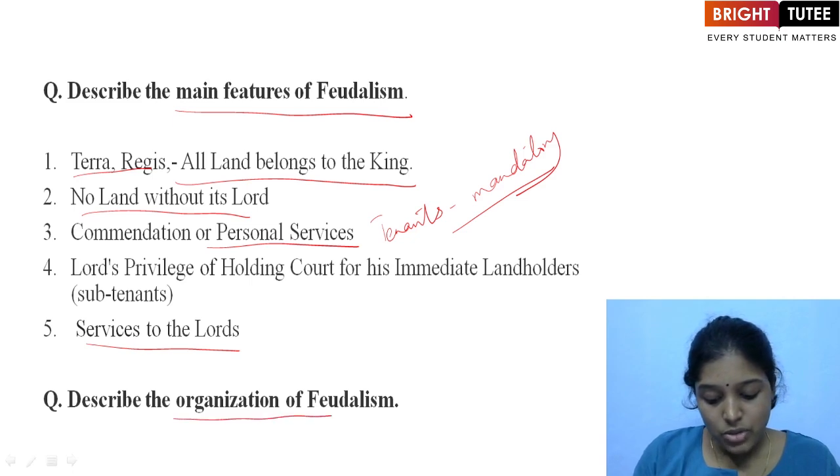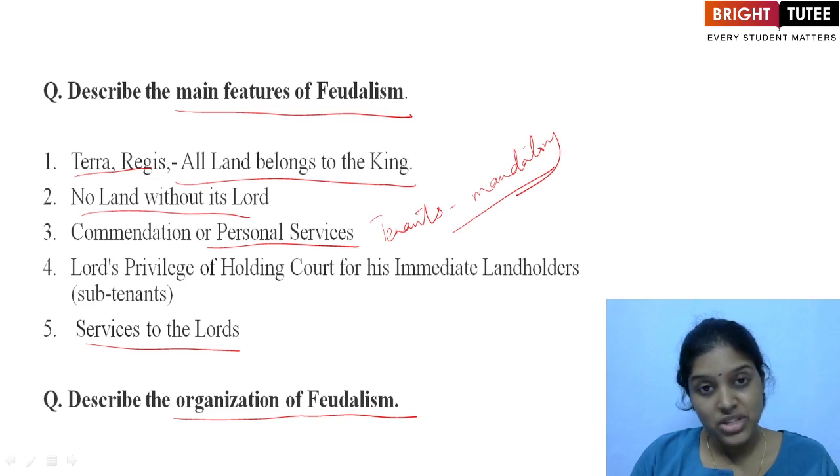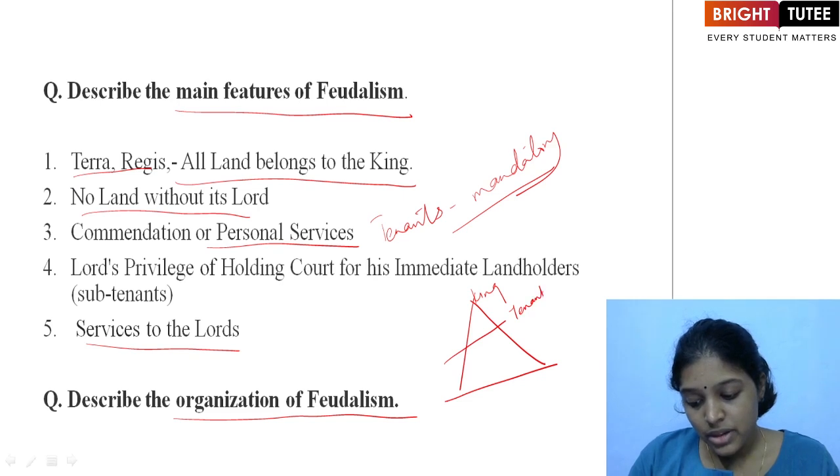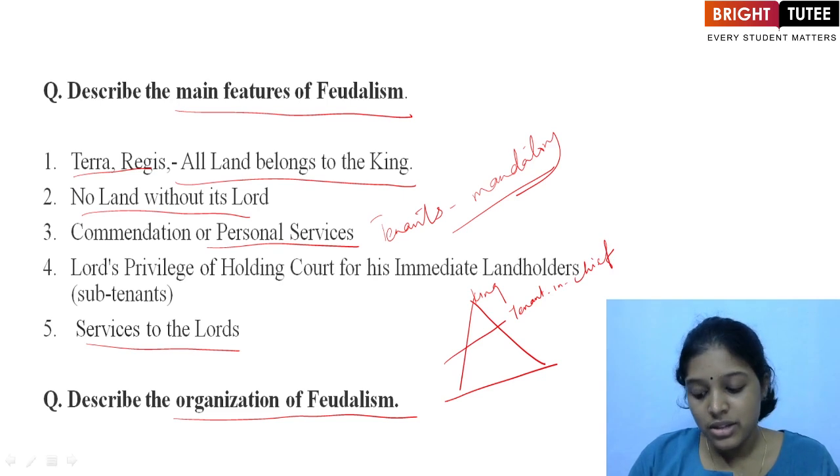And then comes the question on organization of feudalism. So this is something which we just now discussed. That is, a pyramidical form with the king at the top and the tenant in chief under the king.